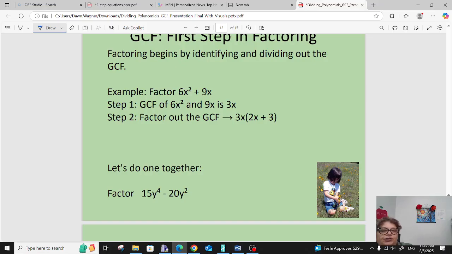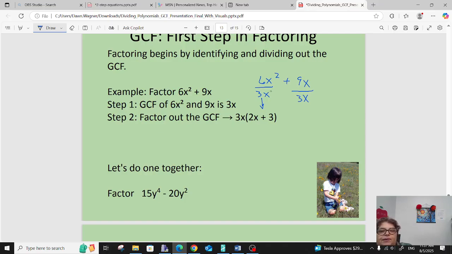How I get 2x plus 3 is I take that greatest common factor and I'm dividing. So you would divide by 3x, divide by 3x. And that's what goes into the parentheses. 6 divided by 3 is 2.